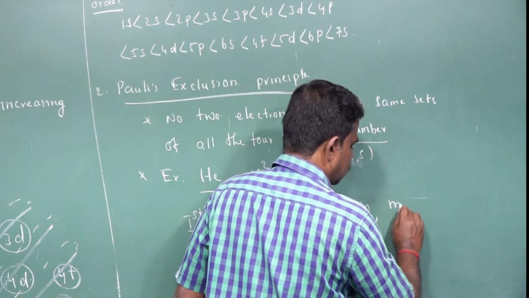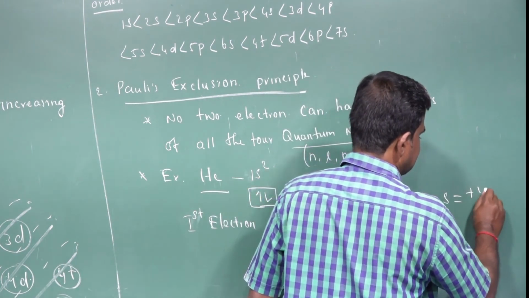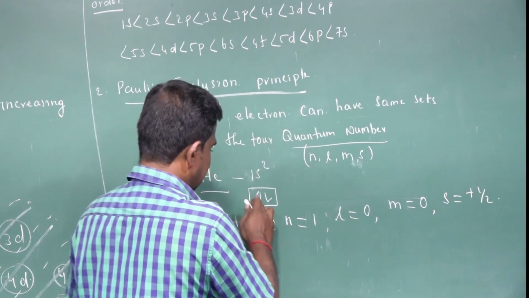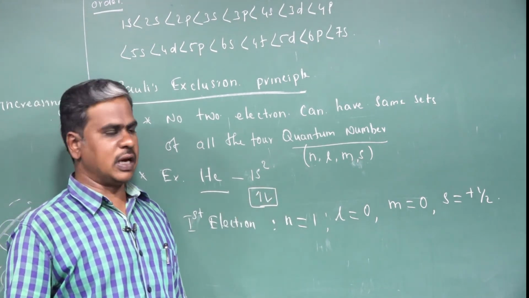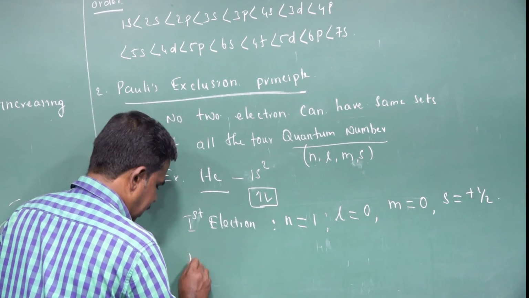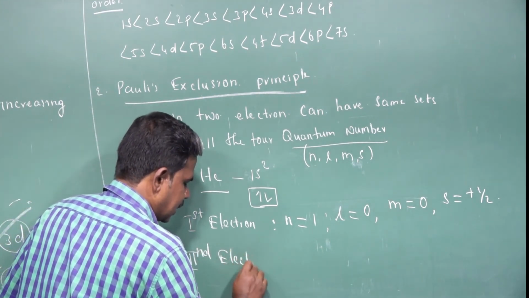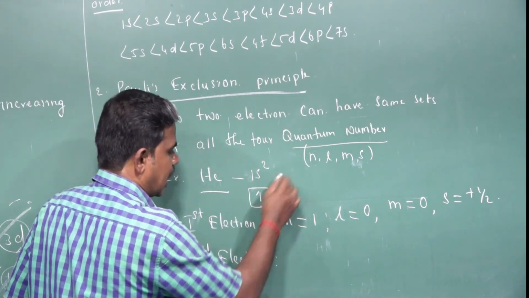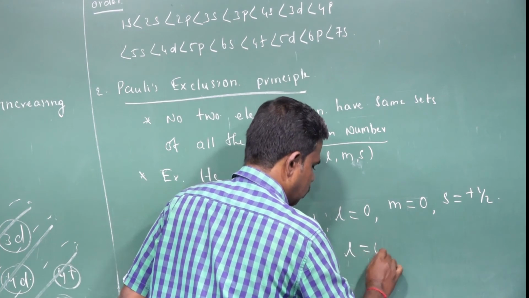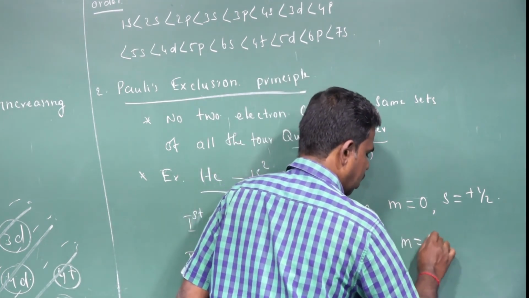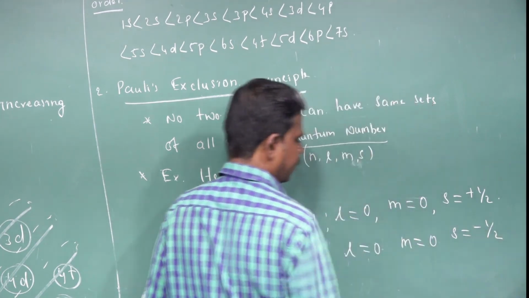The m value is 0 and the s value is plus half. That is clockwise rotation, so the spin quantum number is plus half. If we take the second electron, the same n value is 1, l value is 0 and m value is 0, then the s value is minus half.